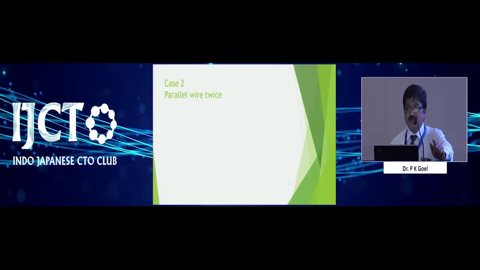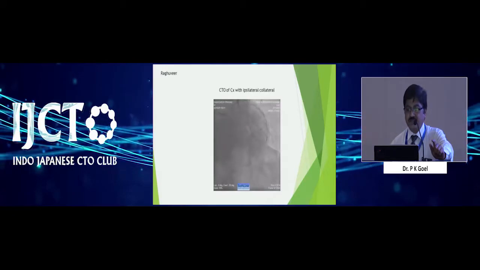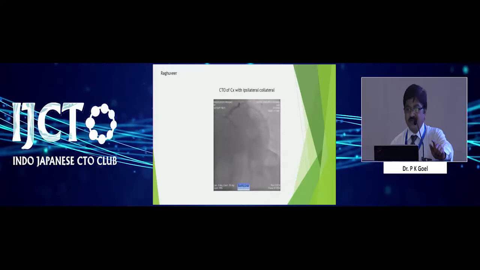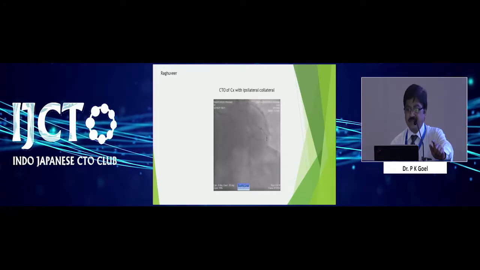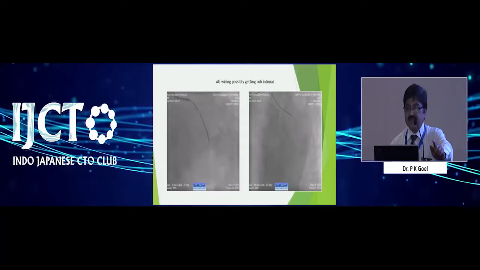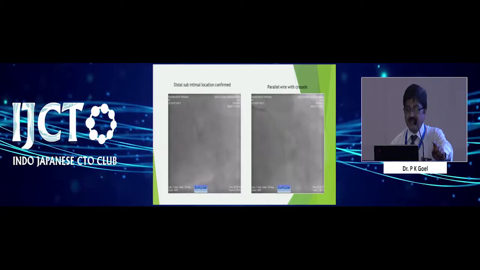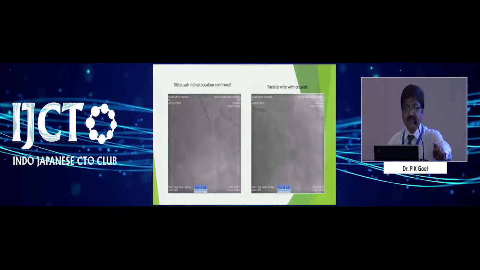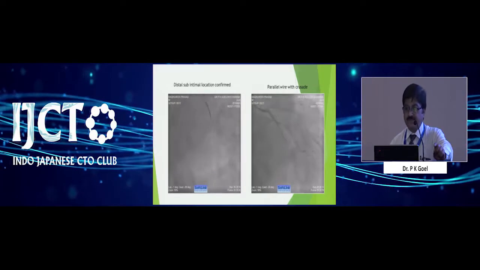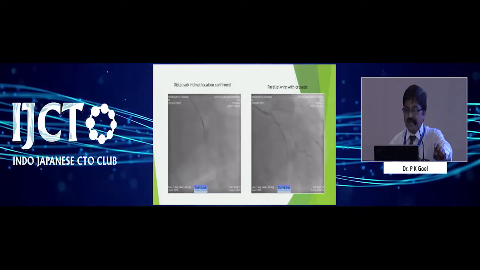As I told you, the first wire, so this is a circumflex occlusion with ipsilateral collaterals. The first wire is antegrade wiring and the wire is subintimal. The distal subintimal location is confirmed by the injection, and we do a parallel wire with Crusade.